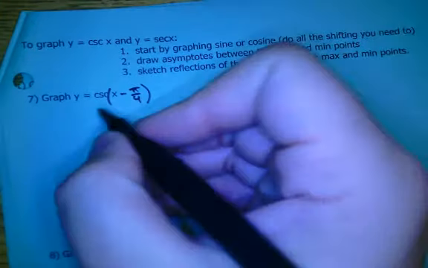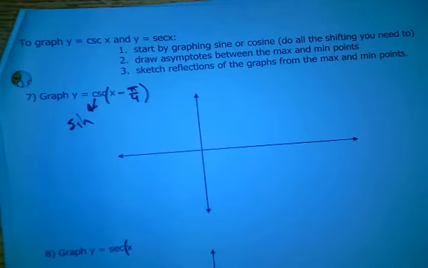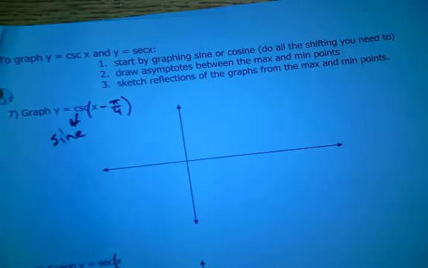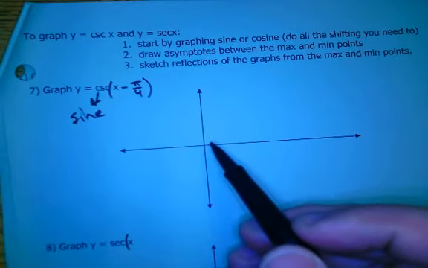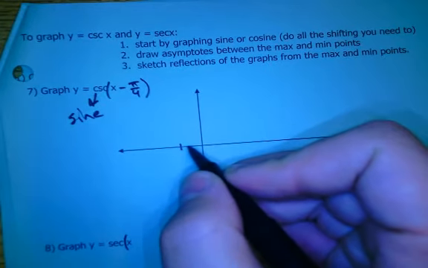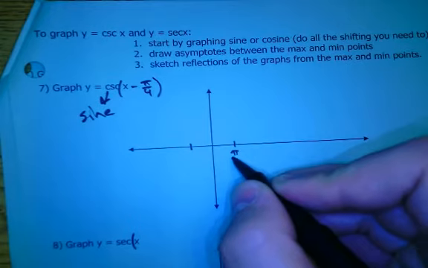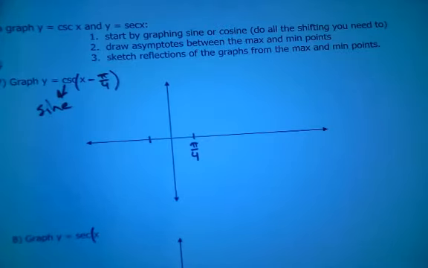So what am I going to kind of sort of sketch? Let's kind of sort of sketch sine. Let's do it. So to sketch sine, I'm not starting at 0, but I'm starting at... I almost did the same thing I did in the homework. Starting at pi over 4. Okay?